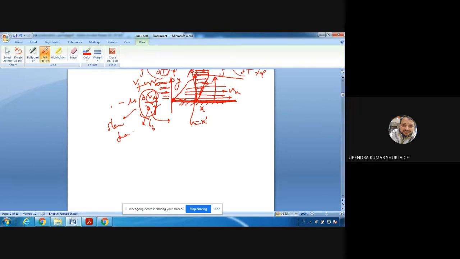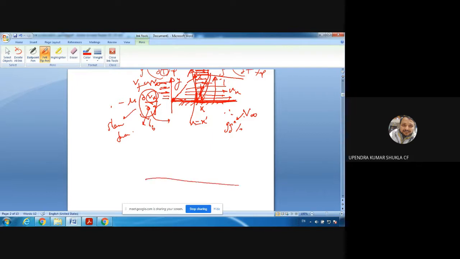Now since velocity is increasing when you move from the plate upward, we consider generally that this is the free stream velocity, let's say V infinity. If the velocity reaches up to 99% of this V infinity, this is called the boundary layer thickness. The same is the definition for the thermal boundary layer.